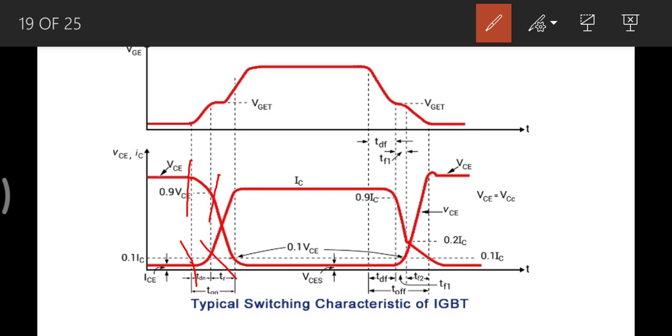So the total time taken to go from ICE to 0.1 IC, and with respect to voltage, the time taken to reach from VCE to 0.9 VCE, is considered as the delay time. So delay time can be expressed as VCE to 0.9 VCE, and with respect to collector current, the time taken to rise from ICE to 0.1 IC is defined as the delay time, TD(on). This is the delay time.